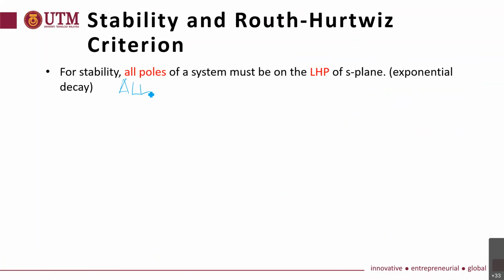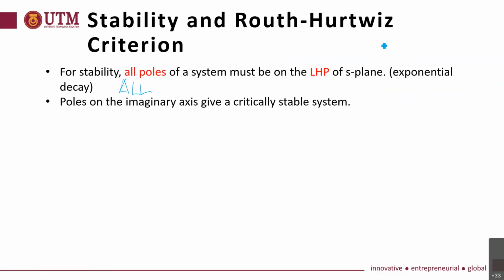So e to the power of at is increasing with time. Then the system will be unstable if only one is on the right. Poles on the imaginary axis give a critically stable system. So if we have poles on the imaginary axis, we may have a critically stable system.